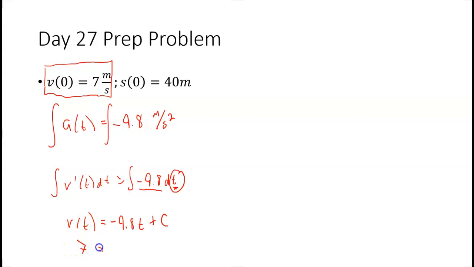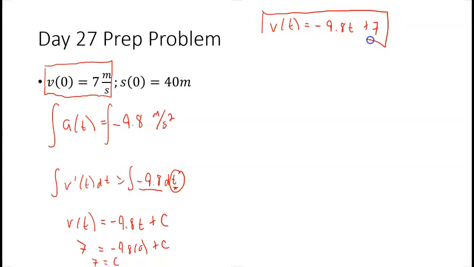So when t is 0, velocity is 7. And so we plug in 0 for time, we solve, we get that the constant is in fact 7. So the equation for the velocity is negative 9.8t plus 7. Cool. We have an equation for velocity.